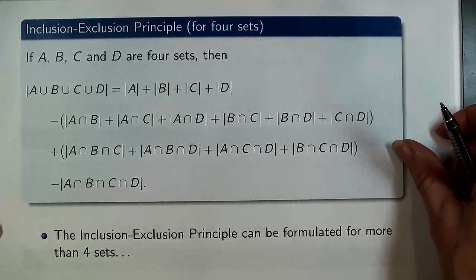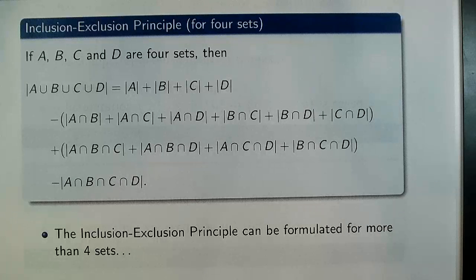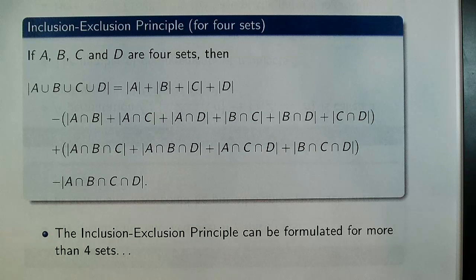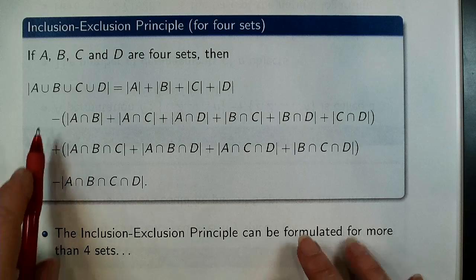Yes, 4 sets. We could do colouring in with 15 colours, but we're not going to. But the pattern is exactly the same here. Look at what you do with inclusion and exclusion for 4 sets.